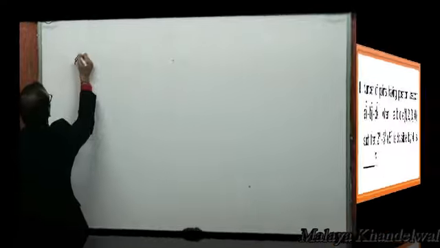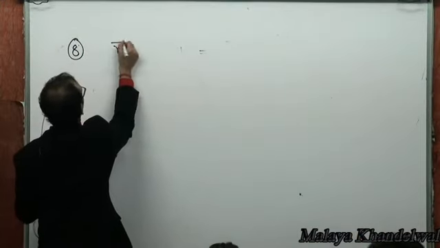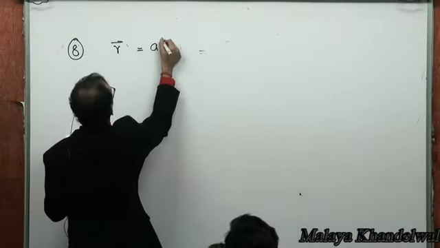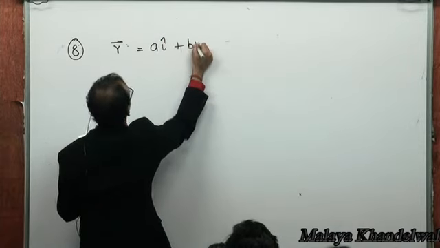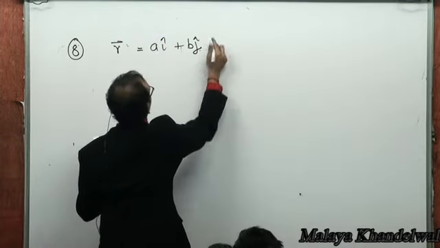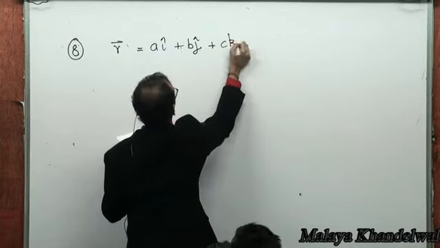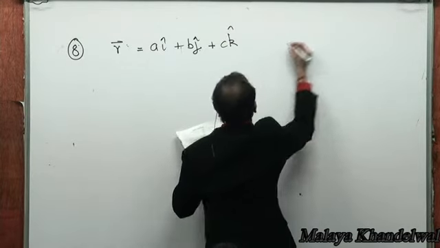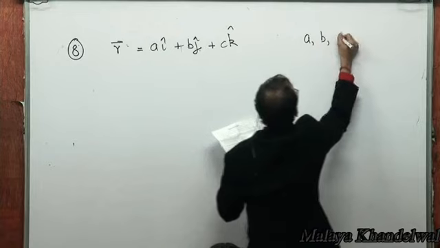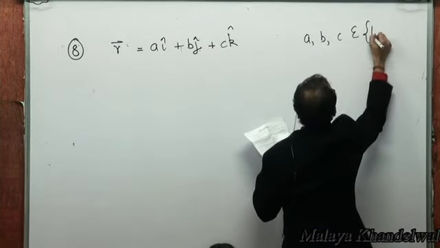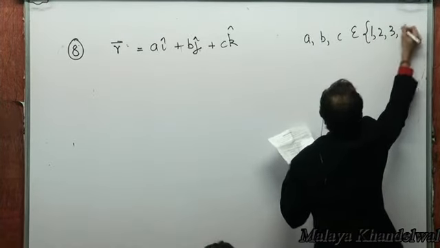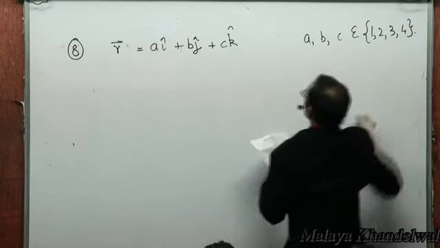So we are talking of position vectors R created out of numbers A, B and C, where A, B, C belong to the set 1, 2, 3, 4. A, B, C belong to this set.